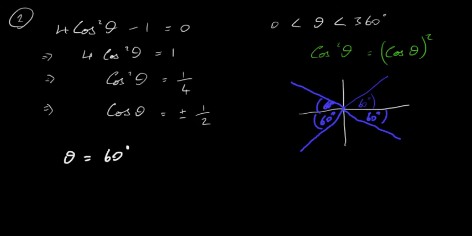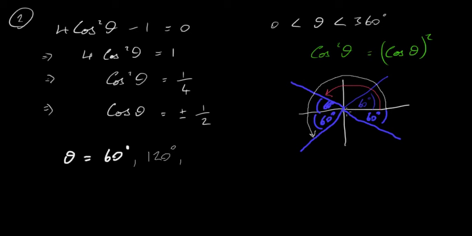Theta can be the angle from here up to here. So that's 180 degrees minus the 60. So that's 120 degrees. Theta can be from here, from 0 all the way around to here.